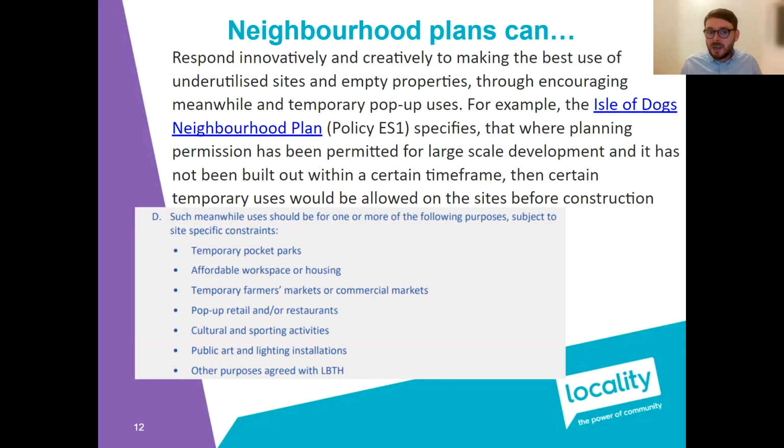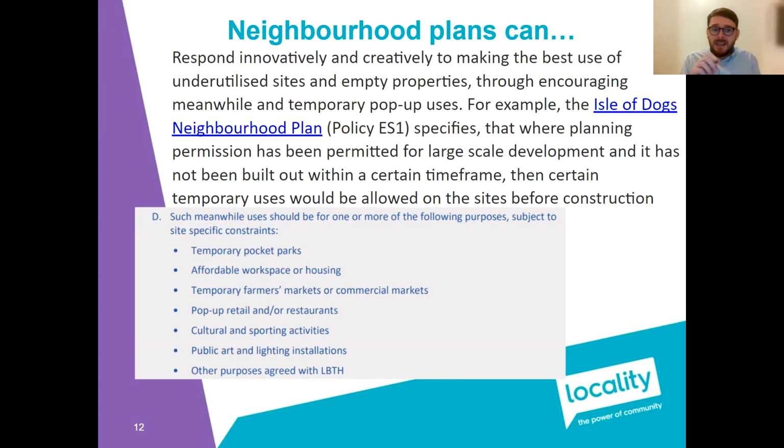So if you have a look at the Out of Dogs neighbourhood plan, it basically specifies that where planning permission has been permitted for large-scale development, and that development hasn't been built out within a certain time frame, and the site is just sitting there dormant, then certain temporary uses would be allowed before construction commences.